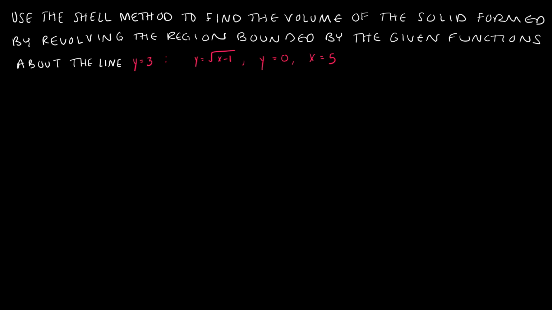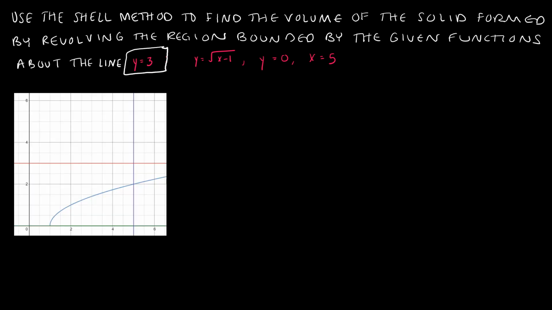So this is our first time revolving around anything other than one of the axes. Again, I went ahead and graphed this just so we could get an idea of what the region looked like. We're looking at this region bound by y equals 0, x equals 5, and my function y equals radical x minus 1.